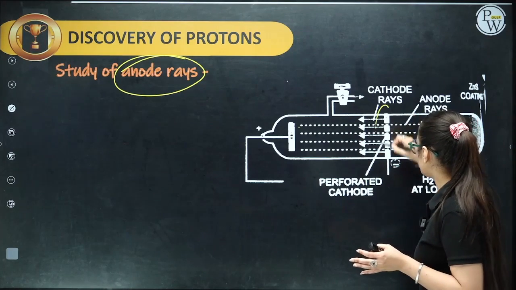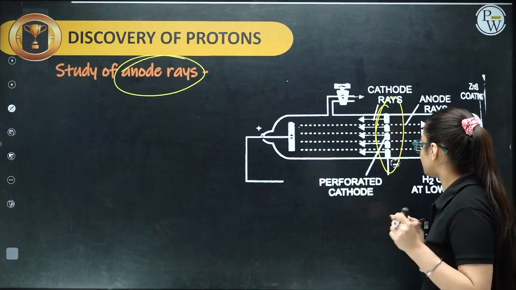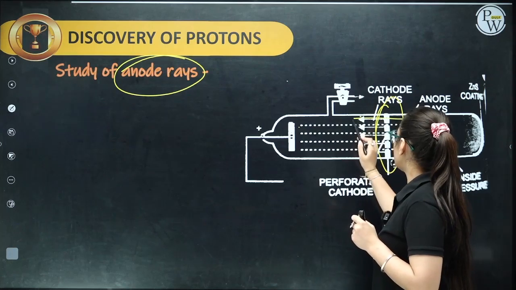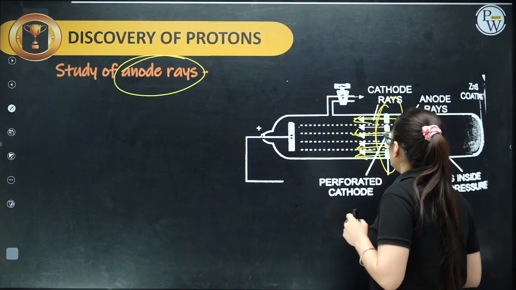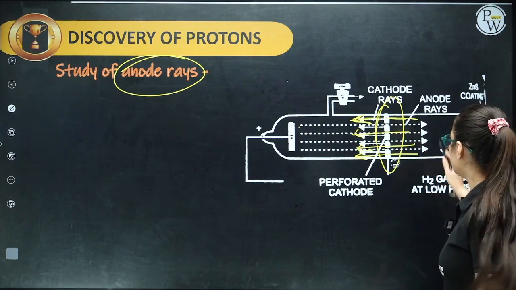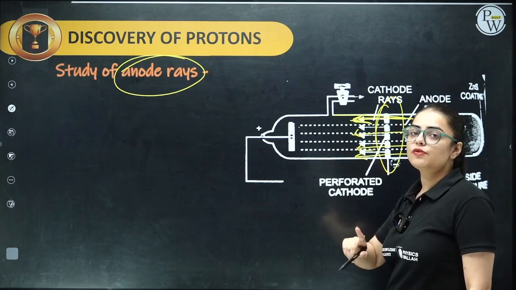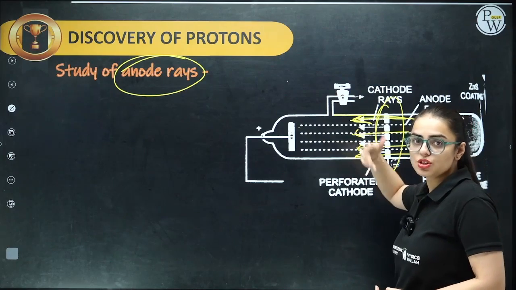Over here, you will take a perforated cathode. And there are some rays that are coming out from this also. Okay. So, these are cathode rays that were traveling from cathode towards anode. Now, there were some rays which are traveling from the opposite end. I already told you in the previous case, we took cathode over here and anode over here. Now, it's vice versa.